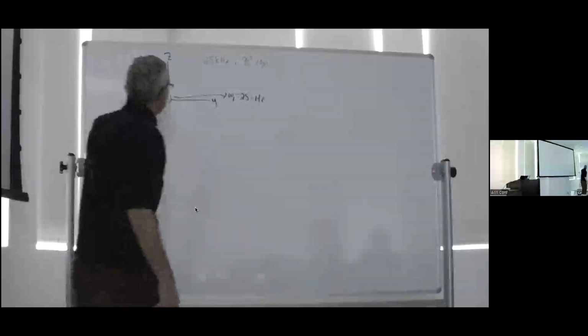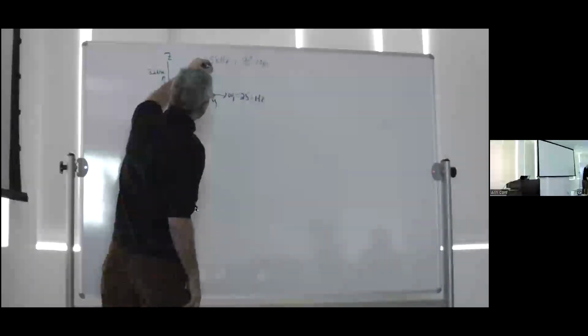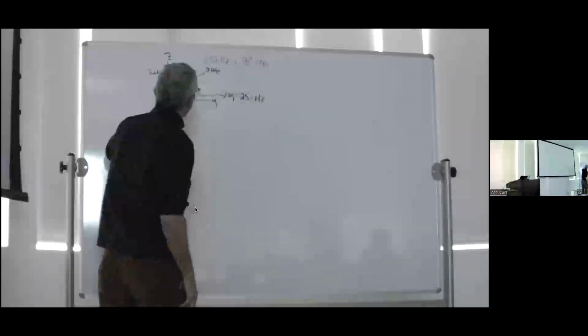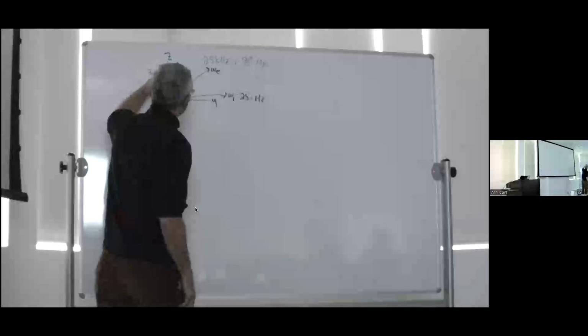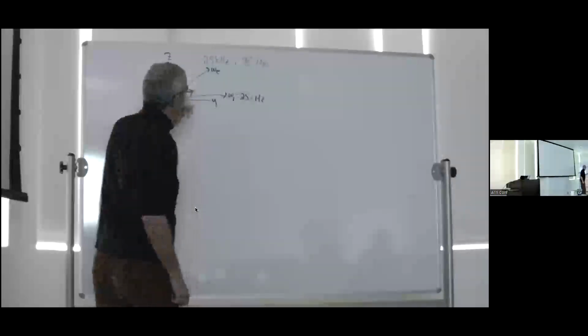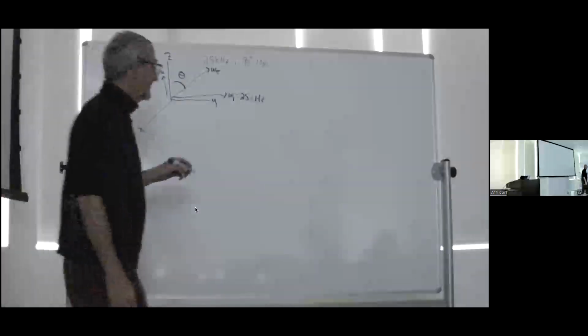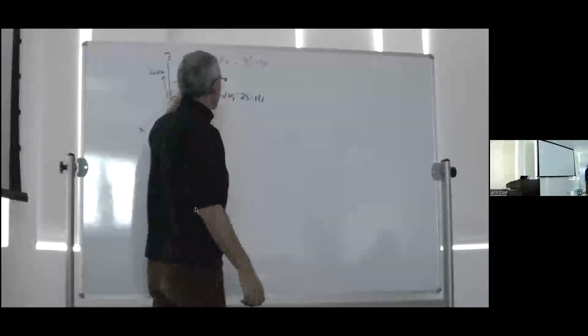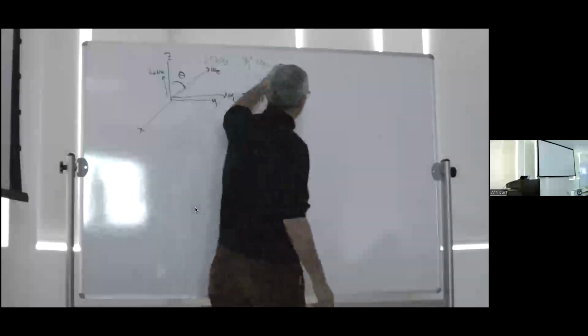So the effective field here has a tilt angle of theta and an effective field strength. So the effective field strength is the vector sum. So what's the magnitude of the vector sum?